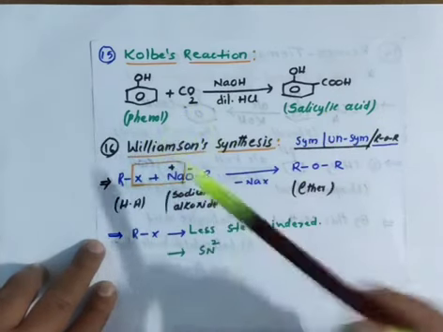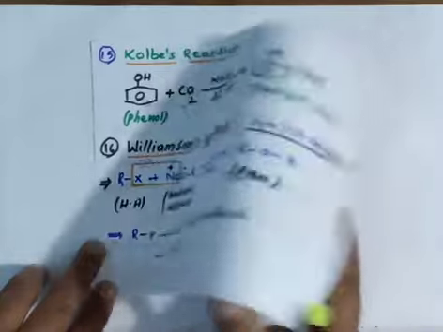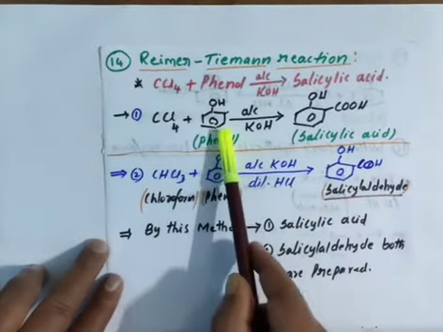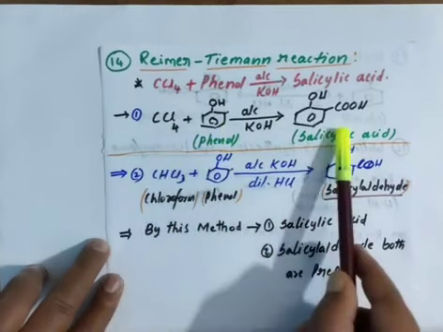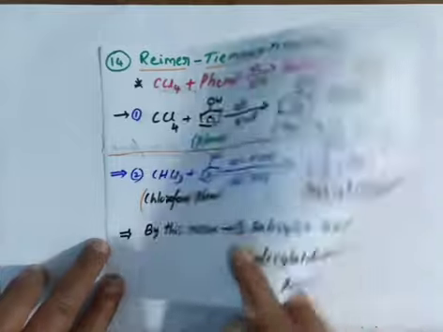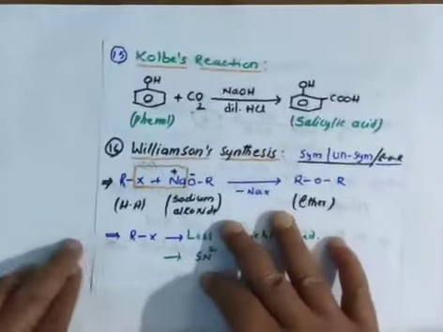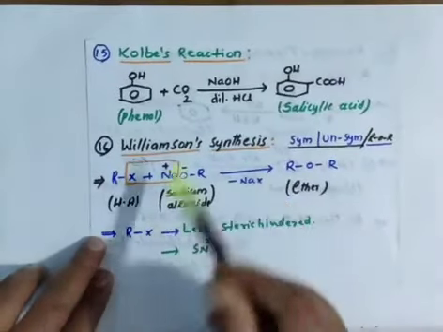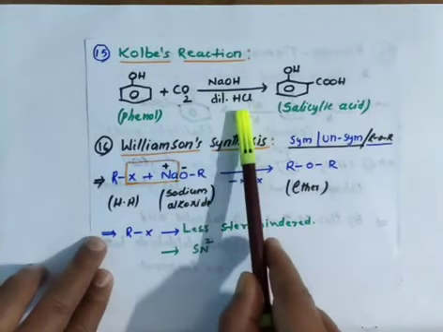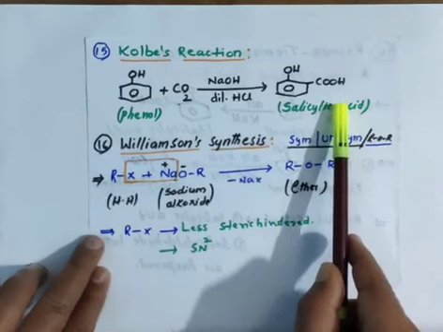In Reimer-Tiemann reaction, what we did? Phenol is treated with CCl4, we got salicylic acid in the presence of alcoholic KOH. In the place of CCl4, if you are using carbon dioxide with NaOH, dilute HCl, you are getting salicylic acid.